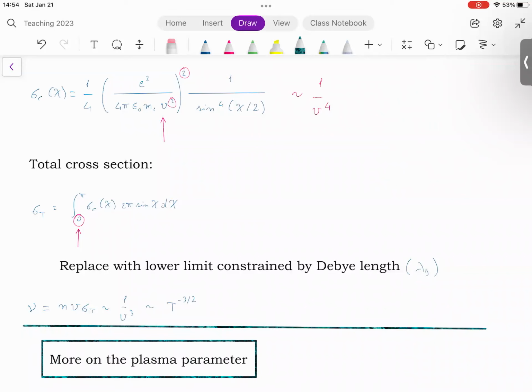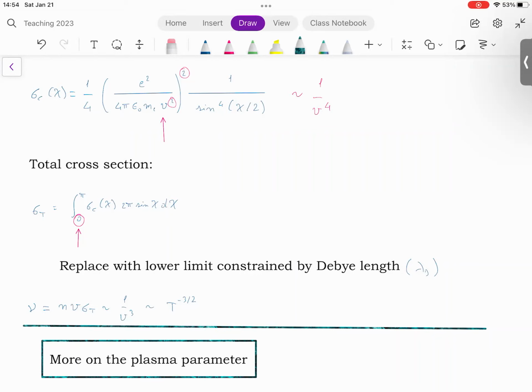Now, there is a way to do a little bit more calculation on this. And that's actually in our textbook, so feel free to read it and try to work it out. But all I'm going to say is that the plasma parameter needs to be large for the plasma to be treated as a fluid.